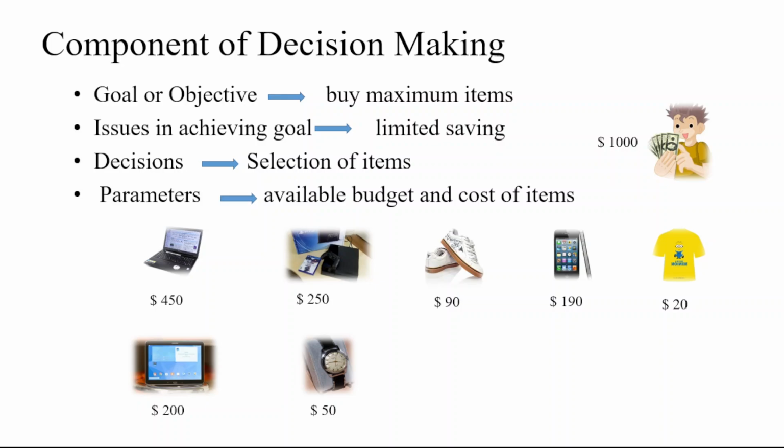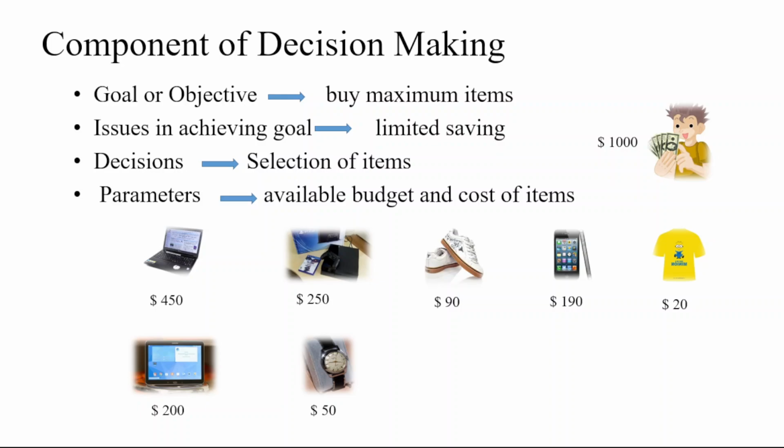You are indecisive. Considering this real life scenario, you set a goal, you have limited saving, and you want to buy the maximum items. We can construct this situation into a mathematical model. To convert this into a mathematical model, we need to understand the components of a mathematical model.